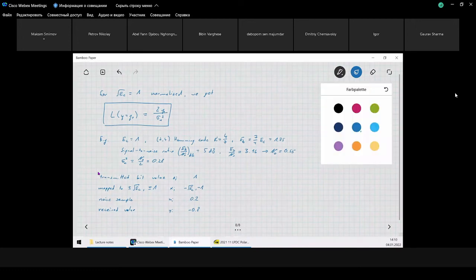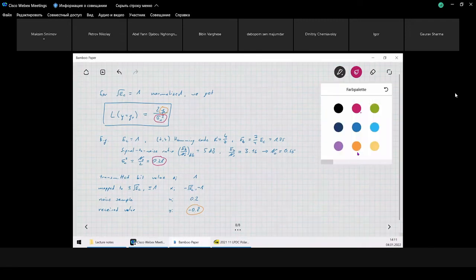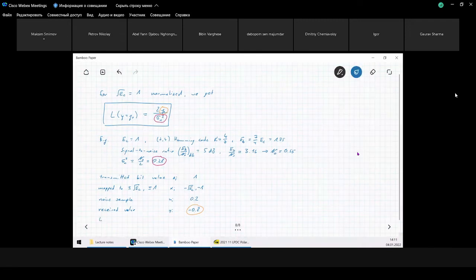And now we basically have everything we need in order to calculate this log likelihood ratio. We have the noisy observation and we have the noise variance. So this means we simply get the log likelihood ratio, LLR, of yi.